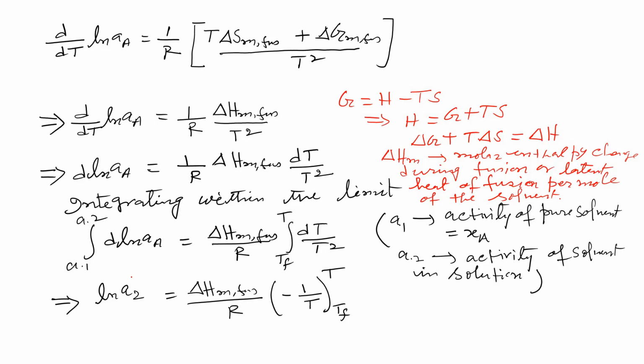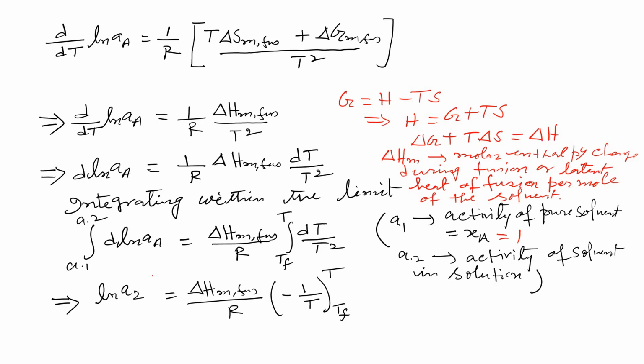Now here, activity of the pure solvent, as I told you, integration of d ln activity of A, that answer will be ln A. Ln A upper limit minus lower limit. Upper limit is A2, but lower limit is activity of the pure solvent, which is equal to mole fraction. Mole fraction of the pure solvent will be equal to activity of the pure solvent is equal to XA. Pure solvent means this will be equal to 1.